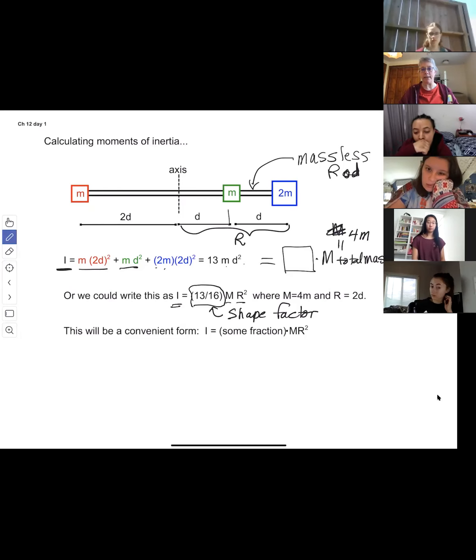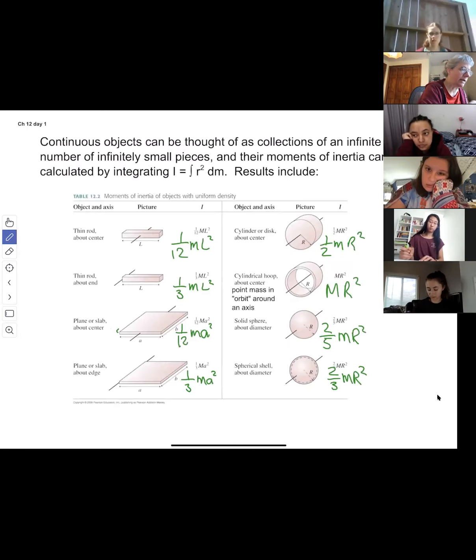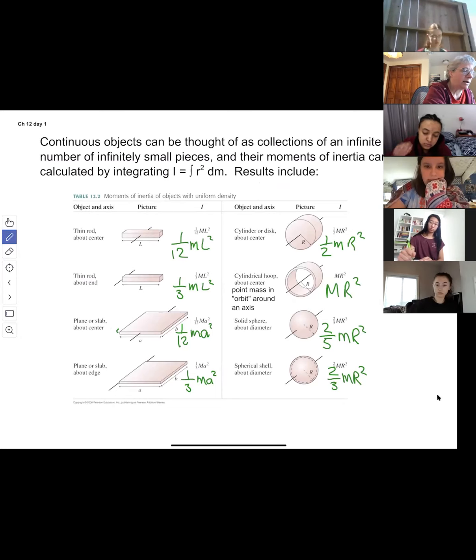It may not seem convenient to you, but it will be in a second, or hopefully it will be, because since we're not doing the integration part, in order to find the moment of inertia of a disk, or a hoop, or a sphere, or a spherical shell, I would need to do an integral.